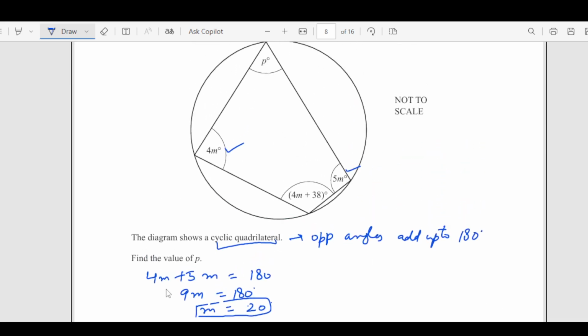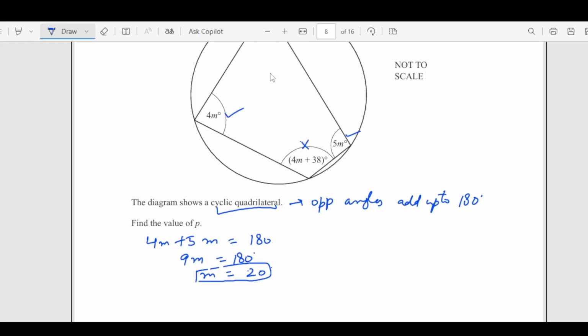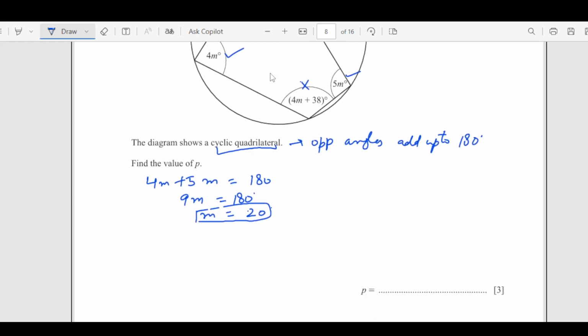I am going to take this P and this 4m plus 38 equals 180. So now this next one, P, the other pair of angles, 4m plus 38, this is equal to 180, and now the value of m we are going to substitute, that is 4 times 20 plus 38 equals 180.